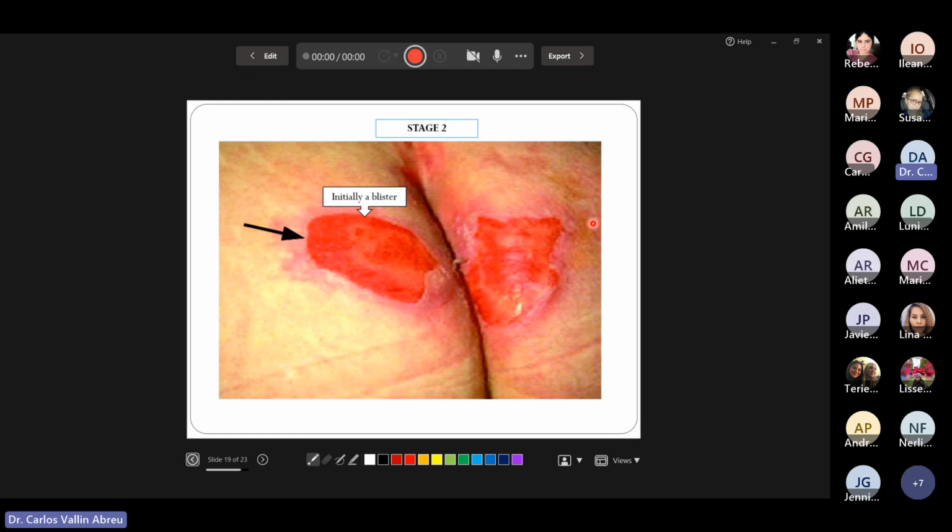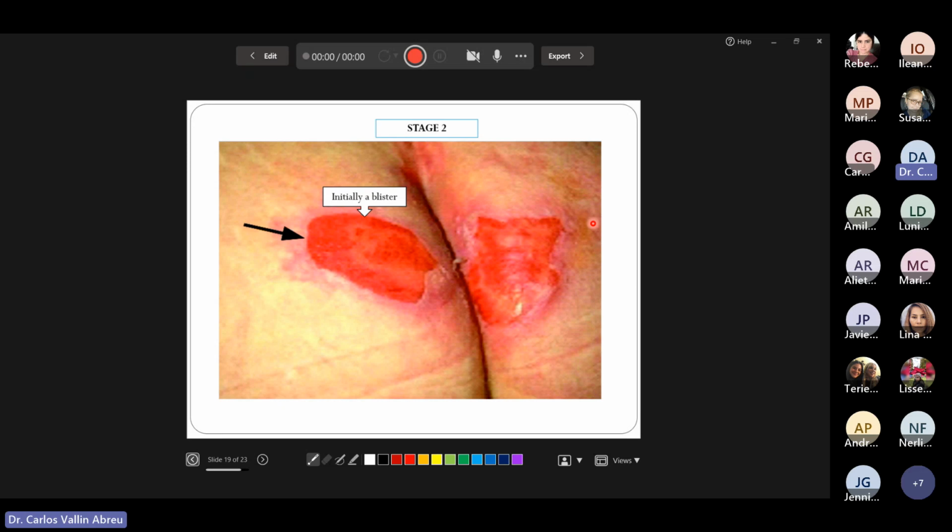What is hydro? Hydration. Yes, hydro is water. Hydrogel, hydrocolloid. The dressing has the capacity of providing moisture, if needed, to keep the tissue you are seeing in the picture moist.